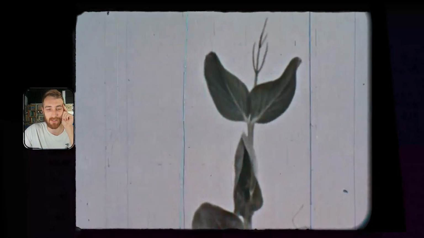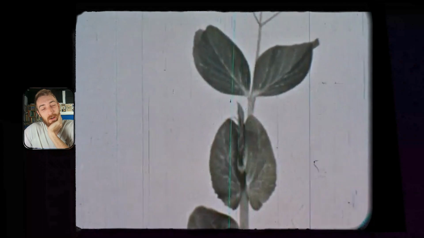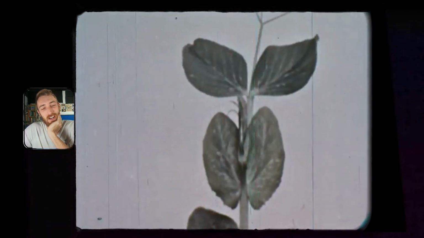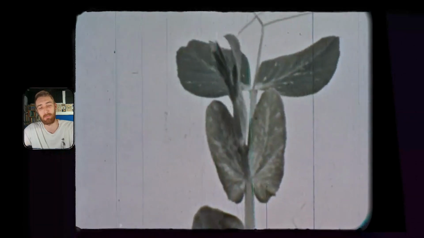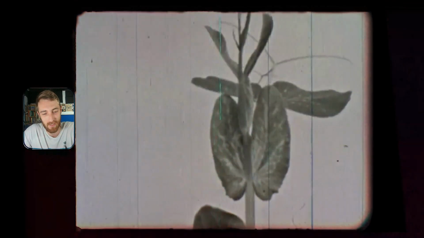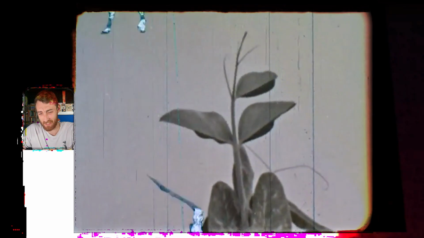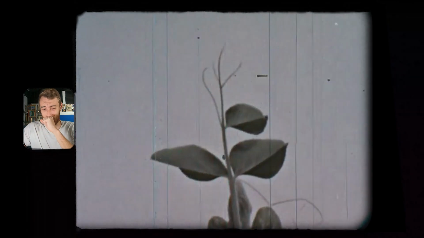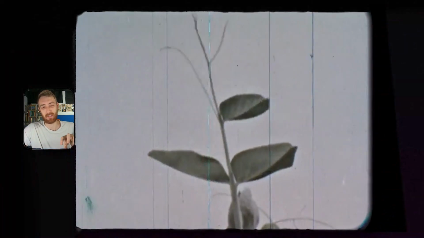I know everyone's camera can do a time lapse now, but to have figured it out back then and to get a shot of a plant growing so naturally like this, it really must have been amazing. Still is amazing. Especially because it's moving. This is not an easy shot to get. Now that I'm thinking about it, the camera looks like it's handheld.